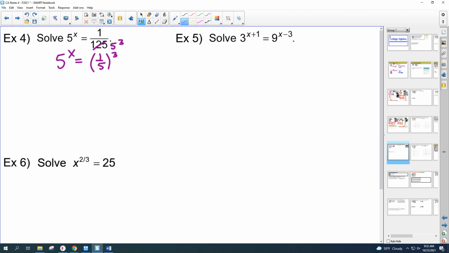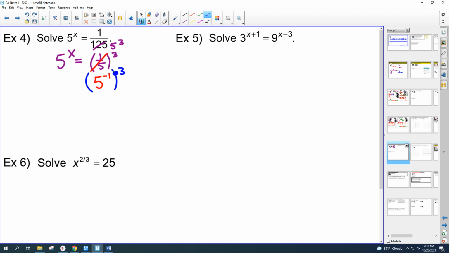What I would really like to do is change this 1/5 into a base 5. I know 1/5 is 5 to the -1st. And so you can look at 1/5 to the third power as 5 to the -1st to the third power.